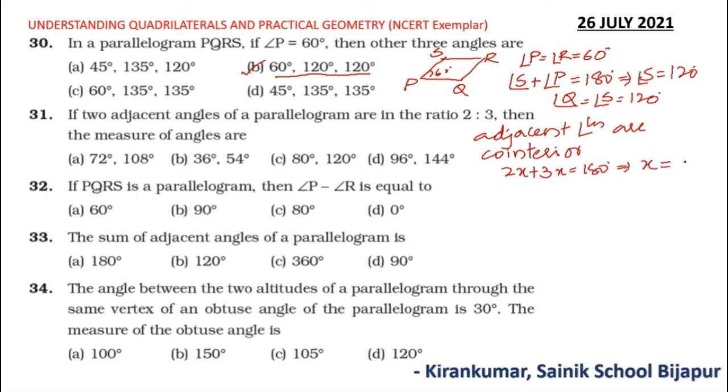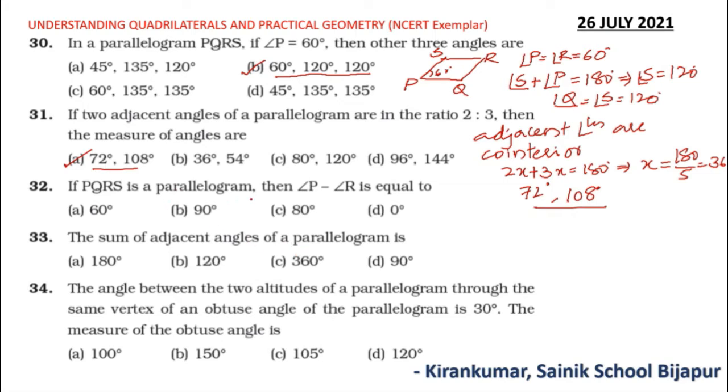This implies x will be 180 divided by 5, which is 36. So 2 times 36 is 72 and 3 times 36 is 108. So this is present in option A. Option A is the right answer.